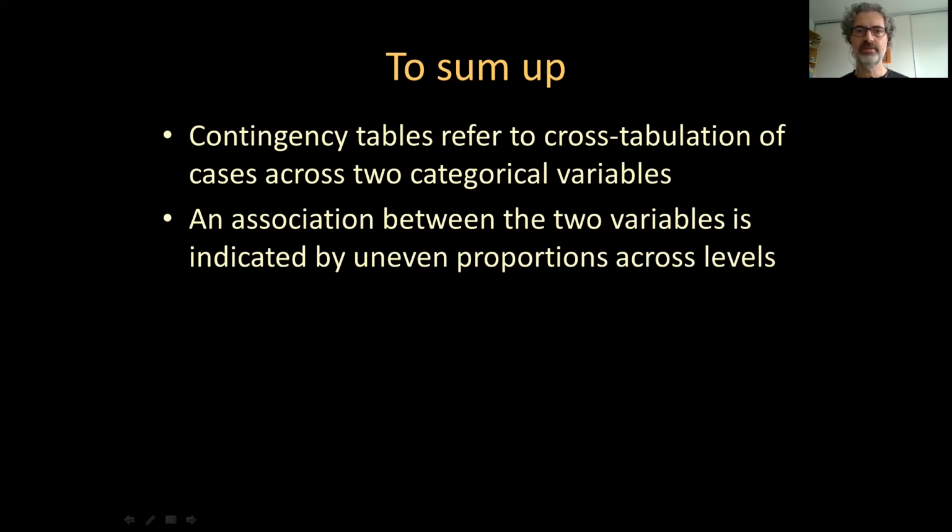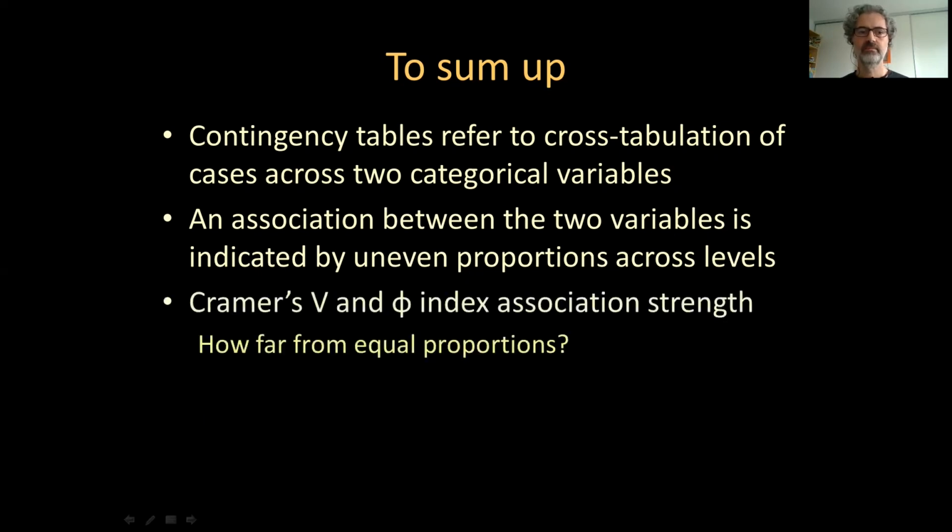Uneven proportions means relationship between the variables, means ability to predict one from the other to some extent. The association indices Kramer's V and phi index this association strength. They essentially answer the question, how far from equal proportions are my observations?